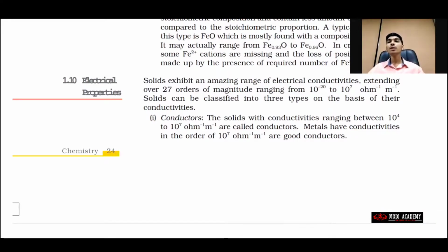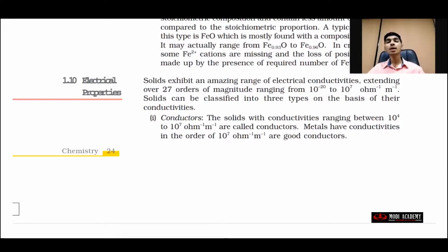Now, we will learn today how this electrical conduction process happens and how electricity is passed readily from one end of an iron bar to the other end. In a book, it is given that a solid exhibits an amazing range of electrical conductivities extending over 27 orders, ranging from 10 raised to minus 20 to 10 raised to 7 per ohm meter.